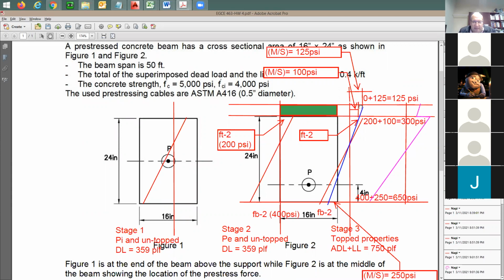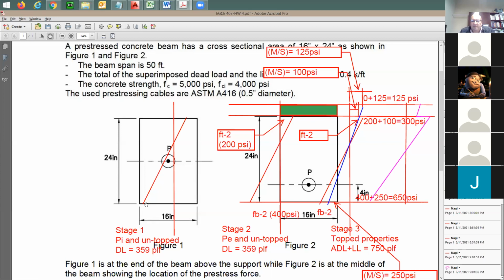At the beginning, I'm at the factory. I have PI, and I have only dead load, the self weight of the beam. I can check the stresses top and bottom and compare them with the allowed stresses. And you guys know how to do the allowed stresses, and you have seen it already.